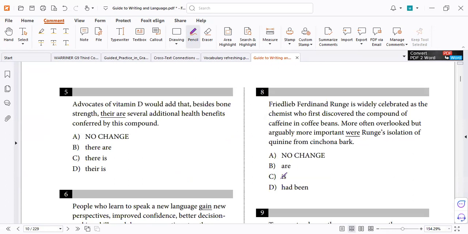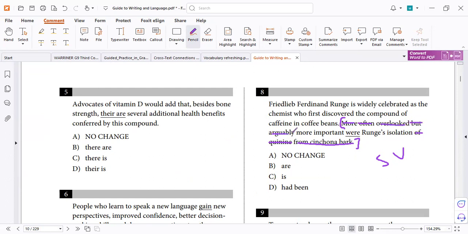Simply, of course, here we have verbs. We must define the subject. So I must read only the sentence. So let's read: more often overlooked, but arguably more important. What is overlooked? So let's follow the rules. Delete the phrases. And then my subject must be a noun or pronoun. This is an adjective, this an adverb, this an adjective.